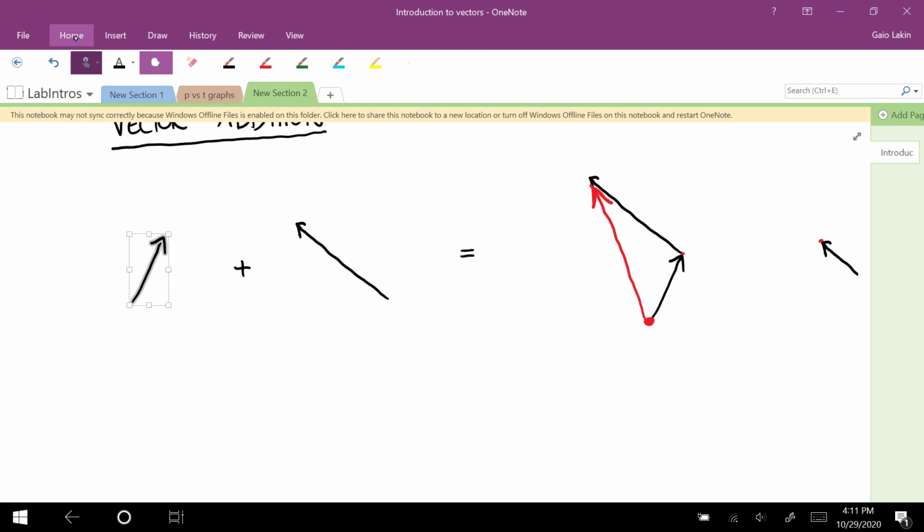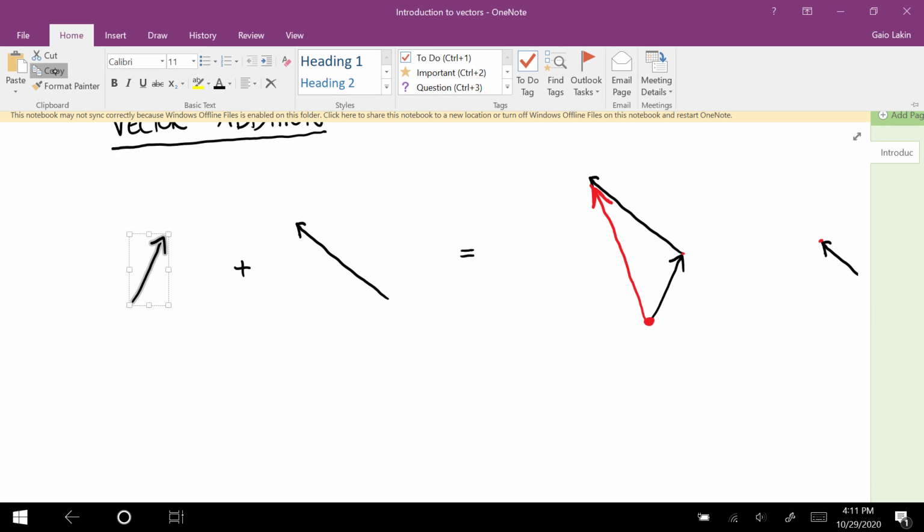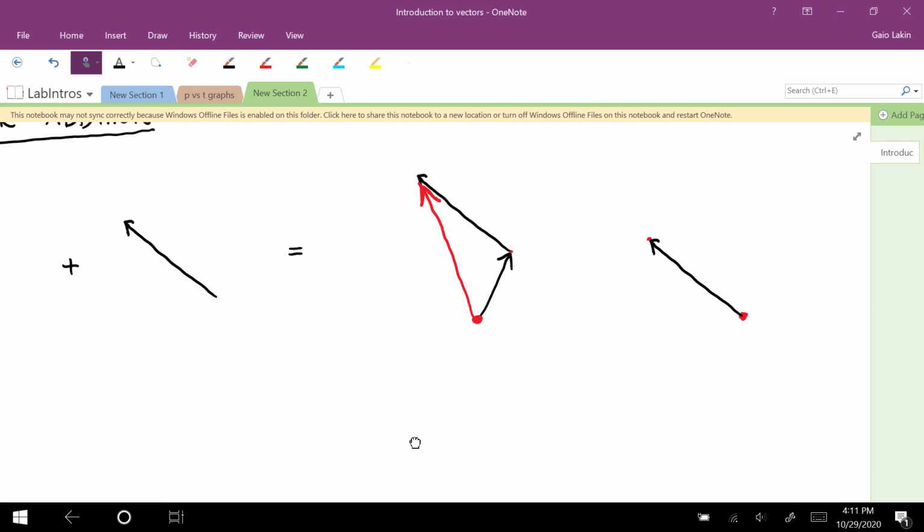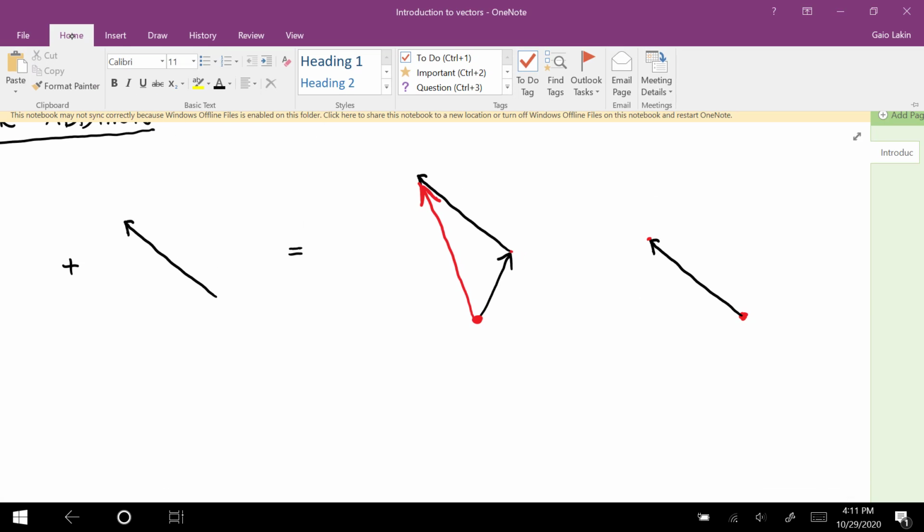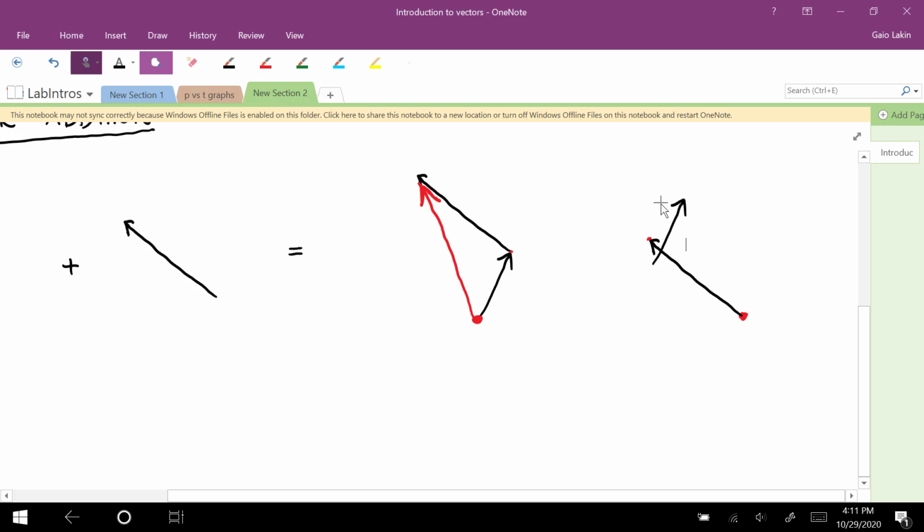And then from there, I do the other one. Okay. And again, if I take a shortcut of the whole path from the start to the end, that vector looks like this.